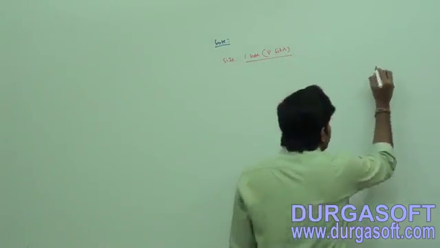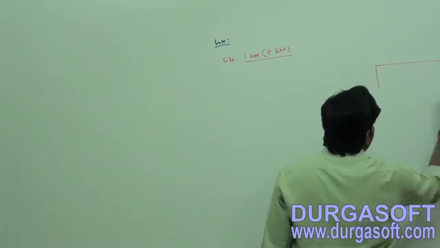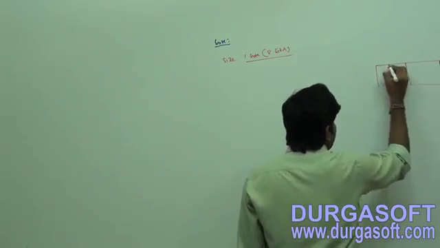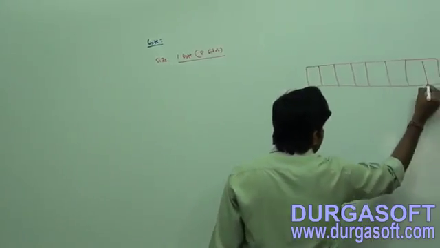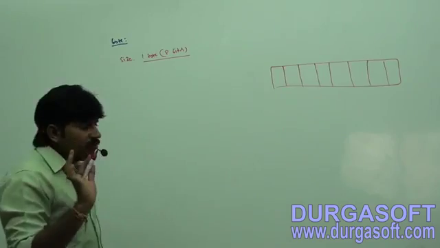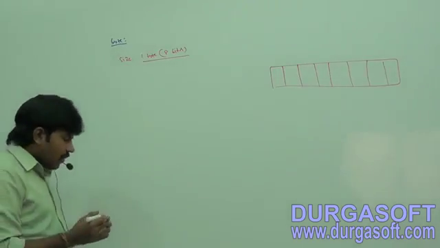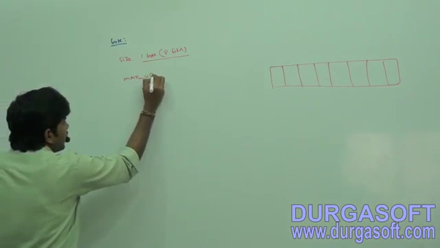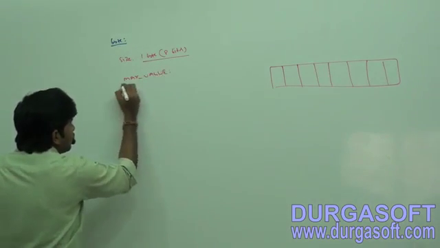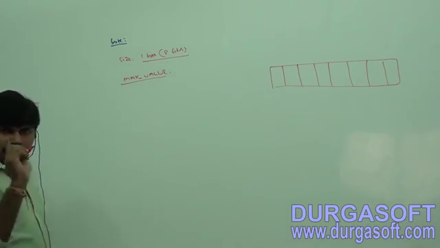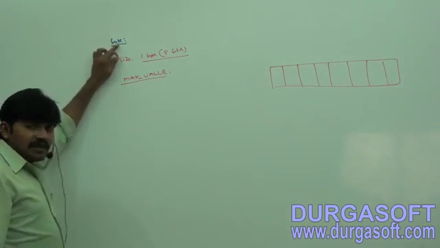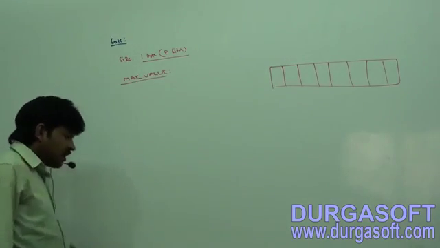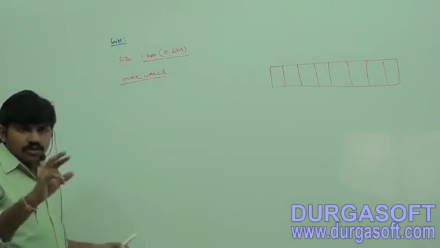Just observe, so 8 bits of memory. By using 8 bits, what is the max value we can represent? Is it a signed or unsigned data type? Signed, positive and negative.